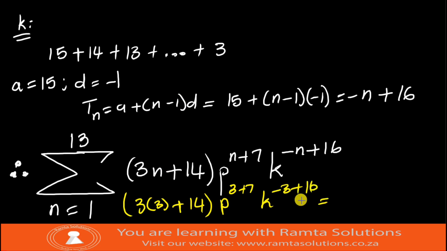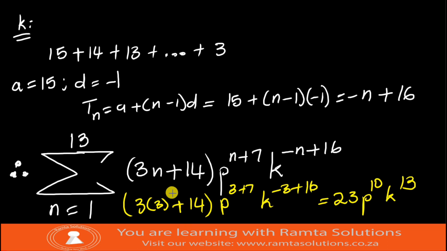This will be 9 plus 14, which is 23. 3 plus 7 will be 10. Minus 3 plus 16 will be 13.